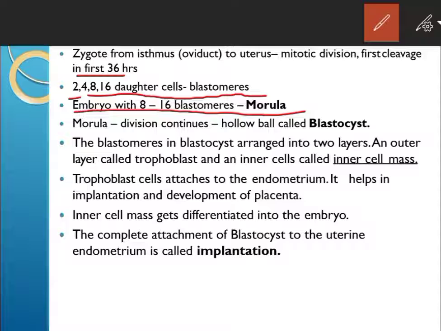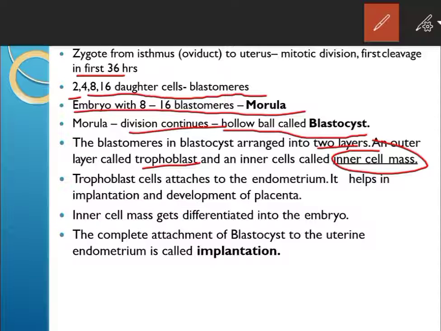Morula stage will undergo continuous division, which will result in formation of a hollow ball which is called blastocyst. The blastomeres in the blastocyst are arranged in two layers. The outer layer is called trophoblast and the inner layer is called the inner cell mass.